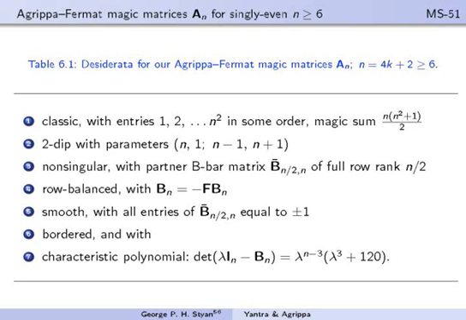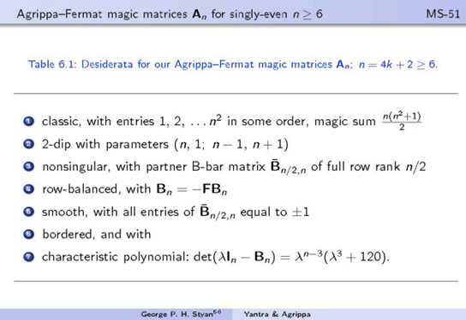The B bar matrix is n over 2 by n and is the scaled version of the B matrix when all the elements have been scaled to plus or minus 1. That is, it has to be smooth, as in point 5. It has to be row balanced because we want Bn after a row flip to be equal to the original Bn with a sign change.